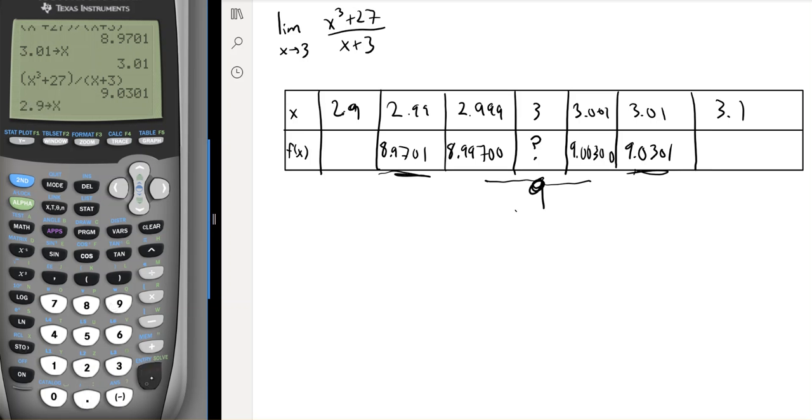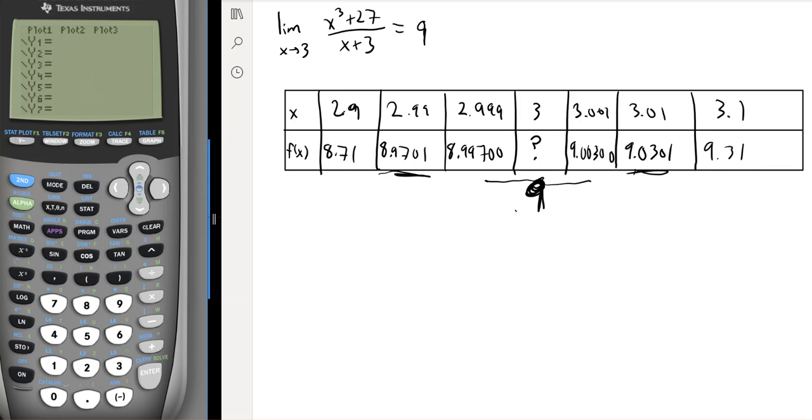So we'll go out one more time. Should be even further to the left of 9. And further to the right of 9. Alright, so now I'm feeling pretty good about my estimation that this looks to be going to 9.